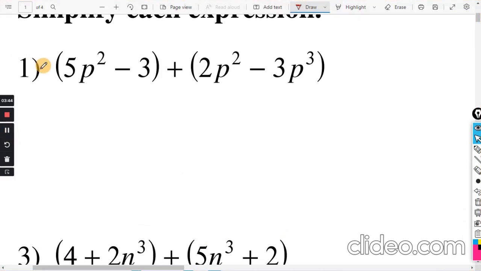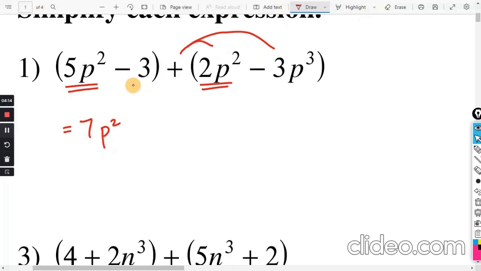Okay, problem number 1, we have a positive sign. So this positive sign will get distributed, but really it doesn't change anything here. So we just want to look for variables and exponents that match. I see we have 5p squared and 2p squared. So adding the 5 and the 2, that would give us 7, and you keep the p squared.